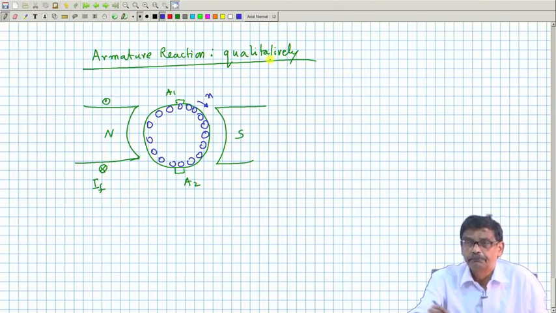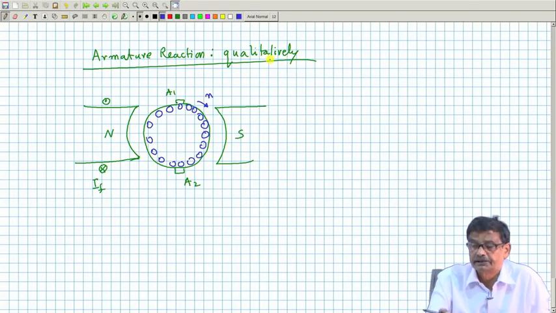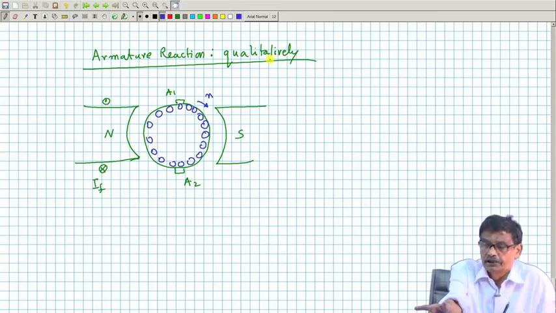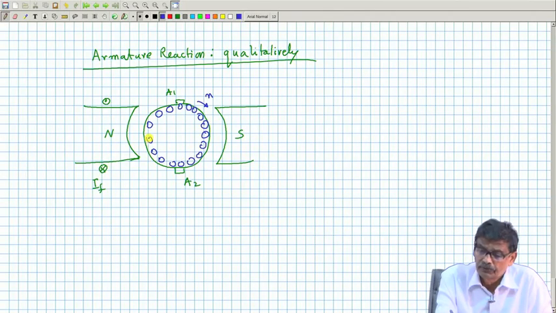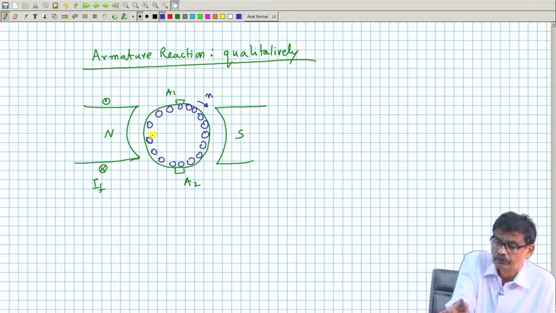That is, the prime mover is running this armature of the generator in the clockwise direction. Then I can decide about the polarity of the induced voltage by applying the right hand rule. So, the generated voltage will be like this. Now, if you apply the right hand rule, not the velocity, it will be cross.